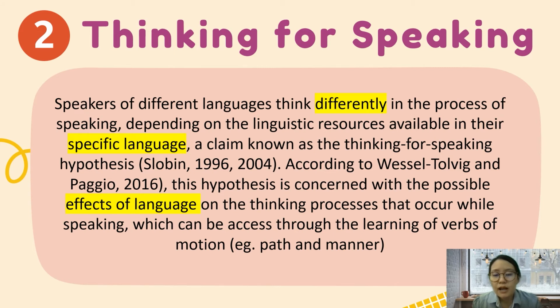For example, English L1 speakers think differently than Japanese L1 speakers. So the thinking for speaking hypothesis is concerned with the possible effects of language on the thinking processes that occur while speaking. We can identify the effects of language through the learning of verbs of motion such as path and manner.